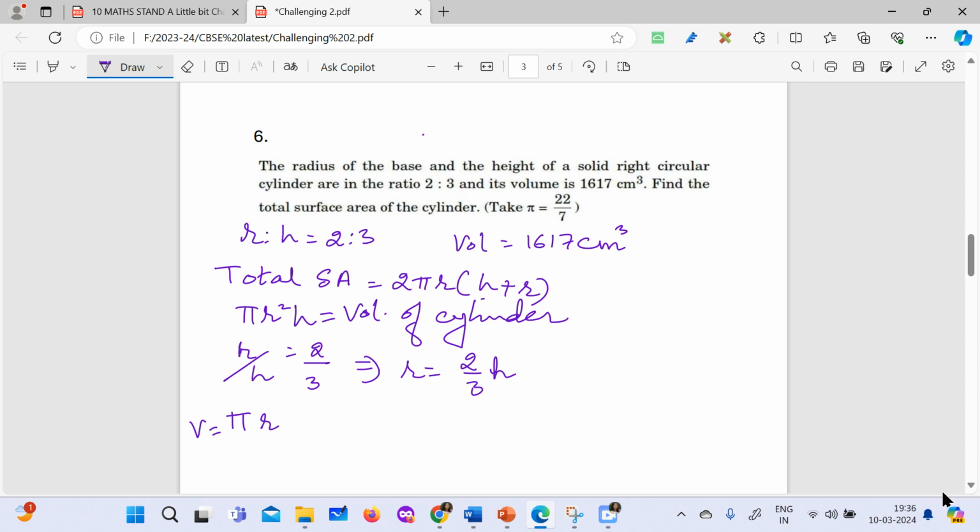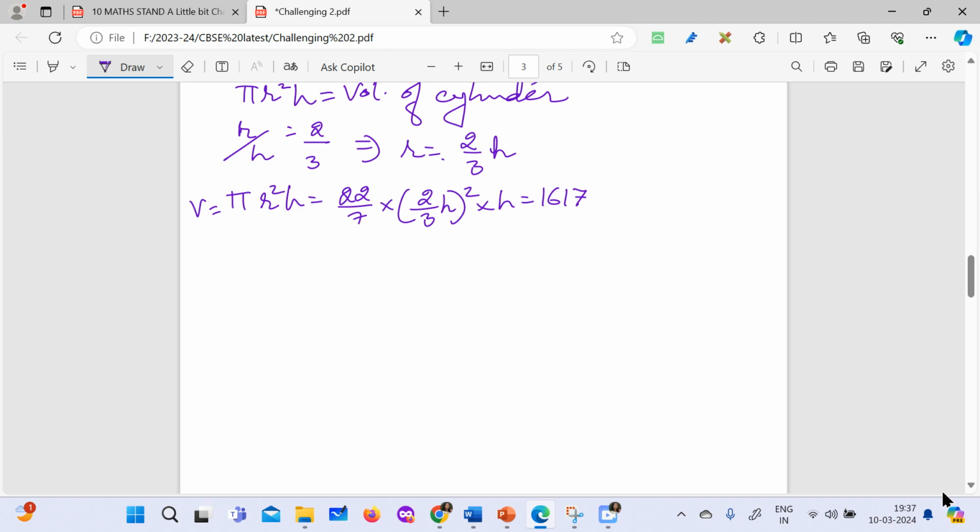Now we can substitute this value of R in volume, that is volume is equal to pi r square h, which is 22 over 7, and r we will take from here, that is 2 over 3 h, whole square, into h, which is equal to 1617. Okay, here we have a lot of calculations to do.